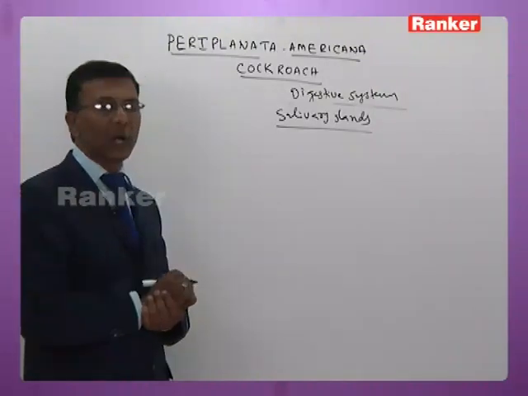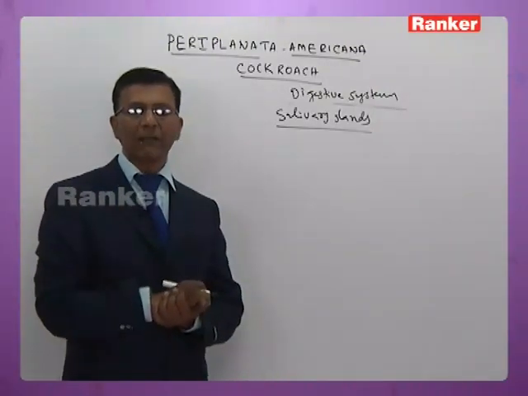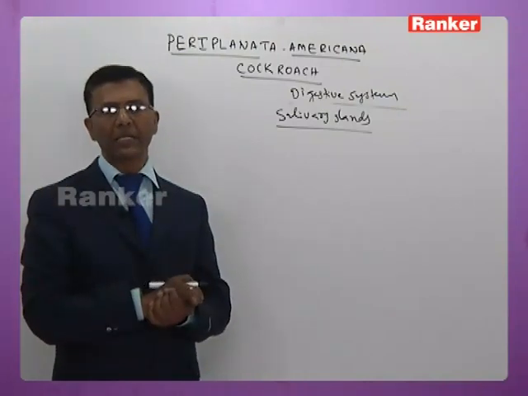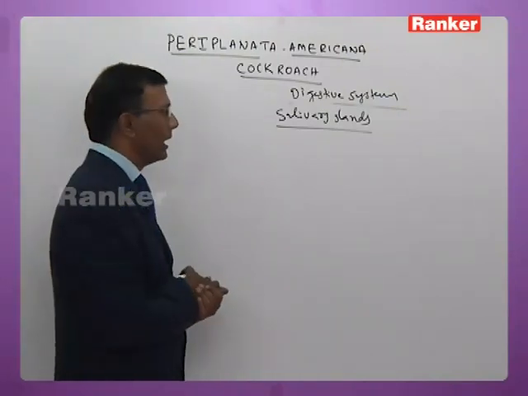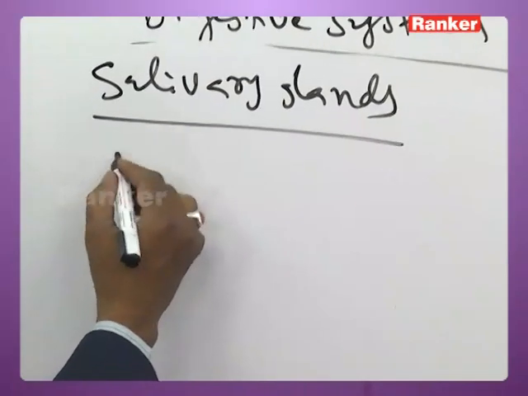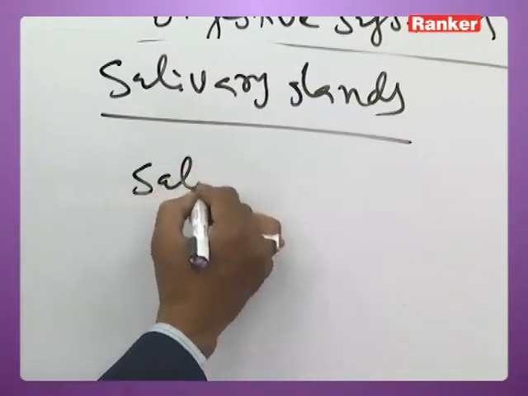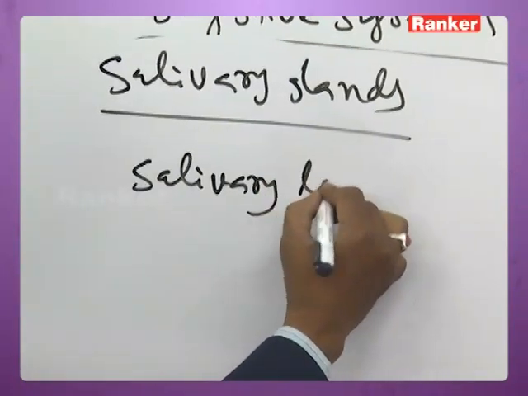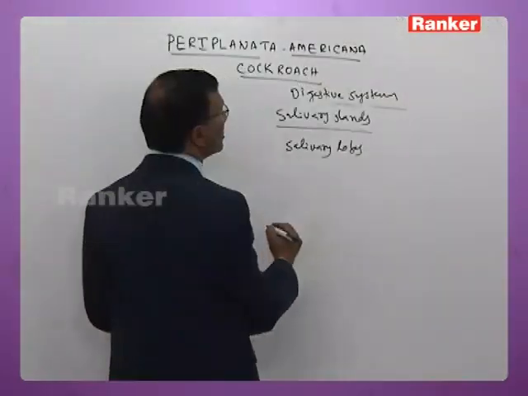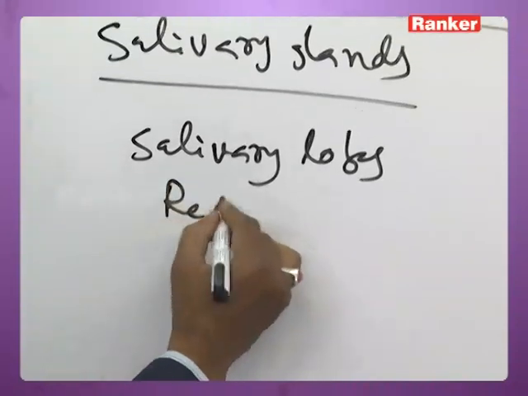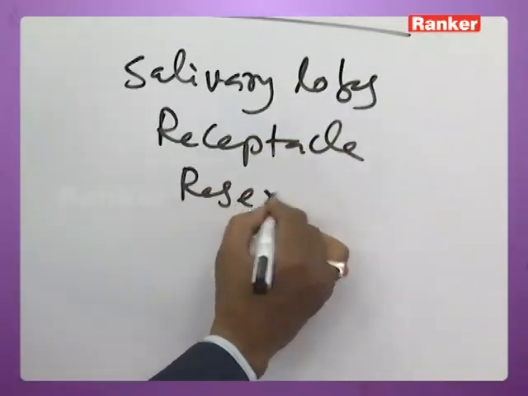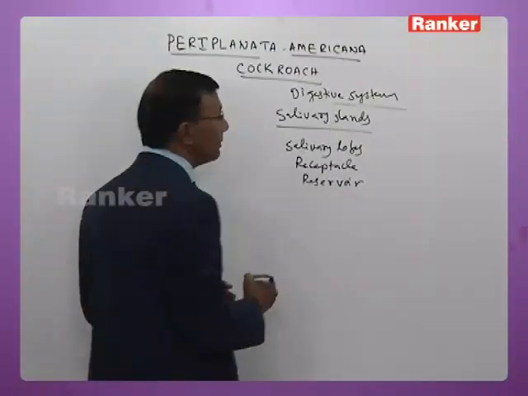Now, the cockroach has 2 salivary glands, where each gland is bilobed. Each gland has 2 salivary lobes, or lobules, with a receptacle or reservoir lying in between.